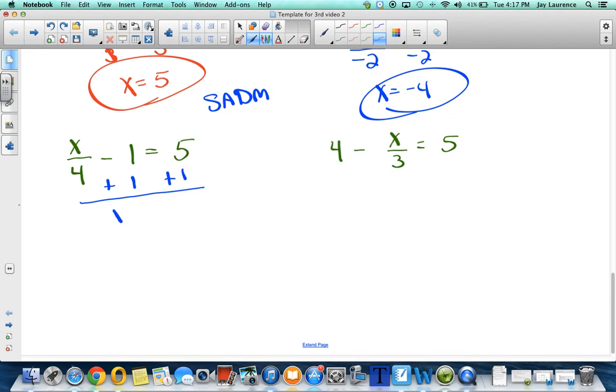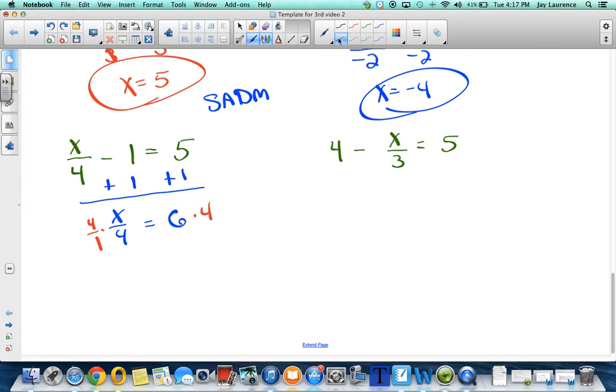And so now I have x over 4 equals 6. Now I have to undo division. Well, I'm going to use multiplication. But I'm not going to multiply the 4. I'm going to multiply the x over 4. So I'm going to put the 4 in the numerator. I don't need a fraction on the right-hand side because there isn't a fraction there. There's just a 6.